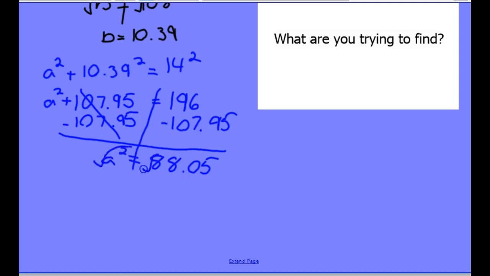Find the square root of that. That's our last step. And a equals 9.38. So we know our x equals 9.38.